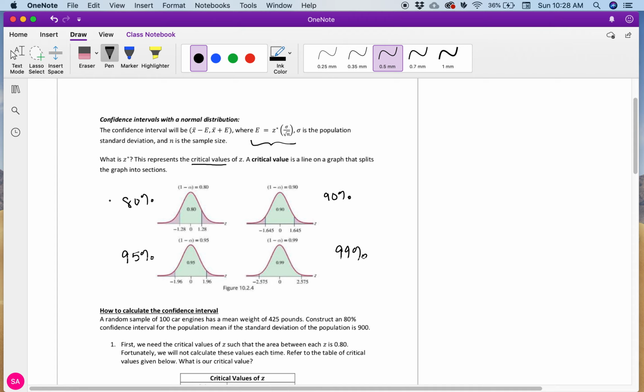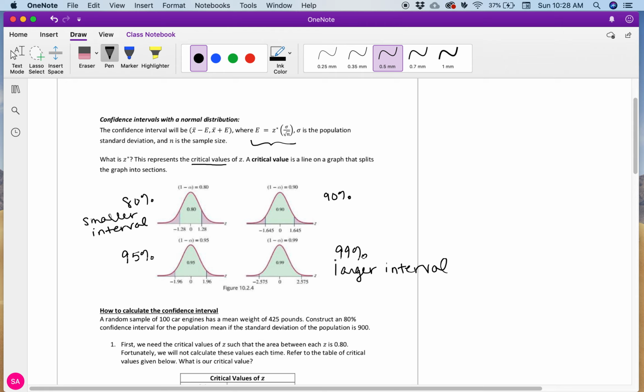So the lower the percent, the smaller the interval. And as we increase our percentages, we get a larger interval, which makes sense. If we have a 99% confidence interval, we're saying that of all the samples, 99% of the confidence intervals for those samples contain the true population mean, whereas 1% do not.